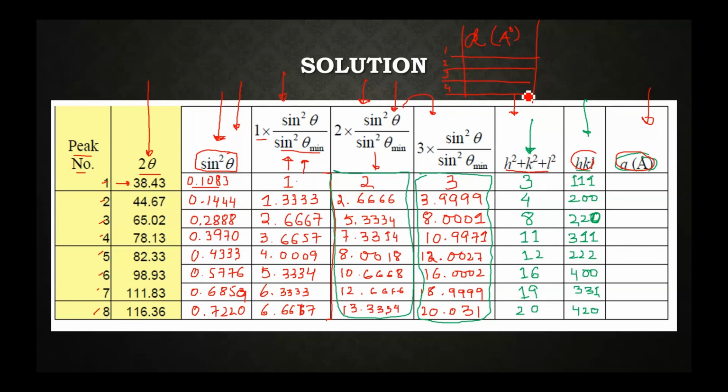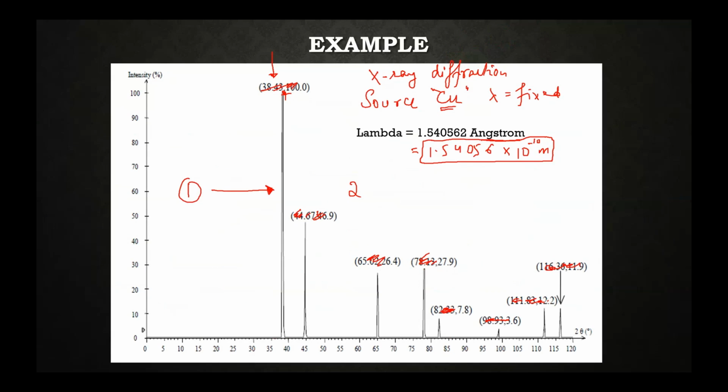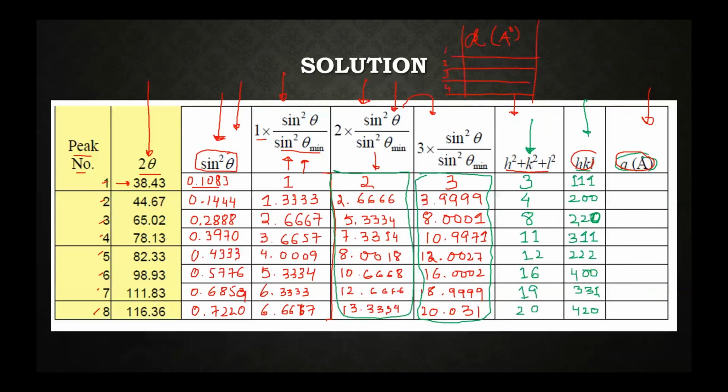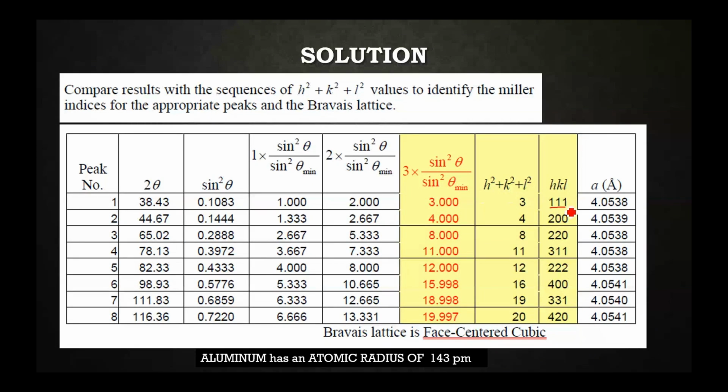And how would you find out the d values? You would use the relationship 2 d_HKL sine of theta is essentially equal to lambda, which is 1.54056 into 10 raised to power minus 10 meters. So for the first peak, which is the 111 peak, you'll write 2 d_111 sine of theta.